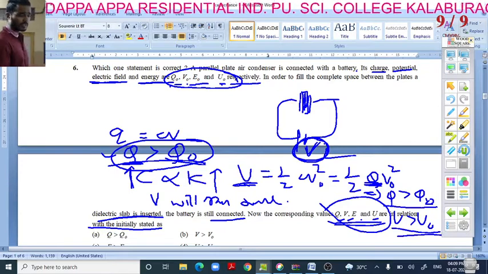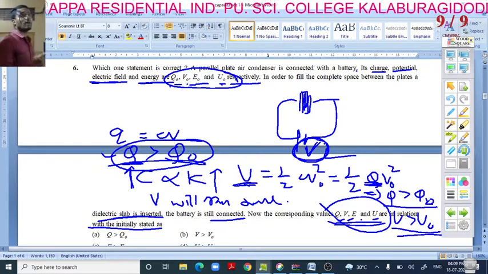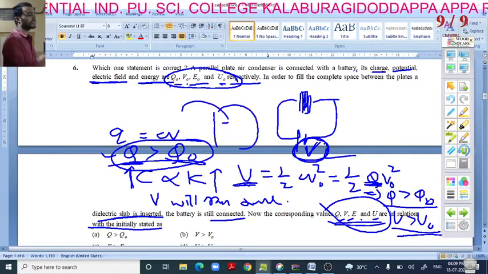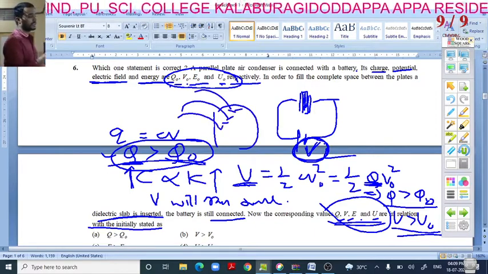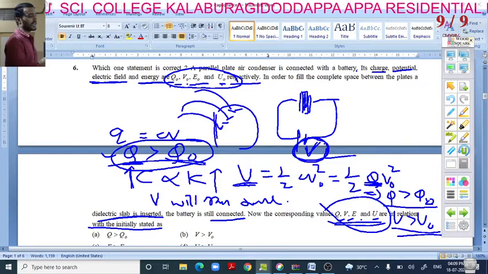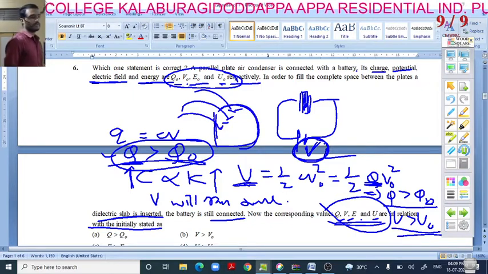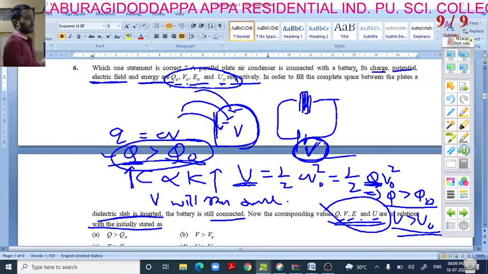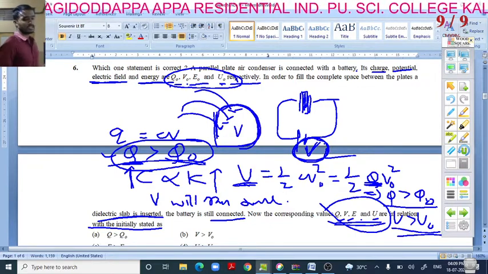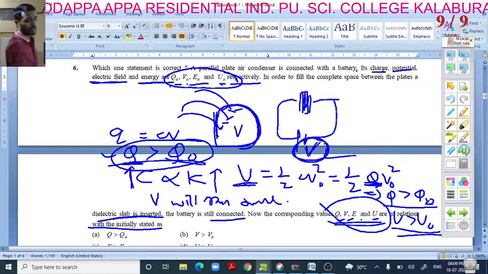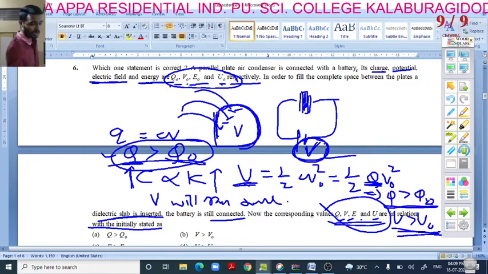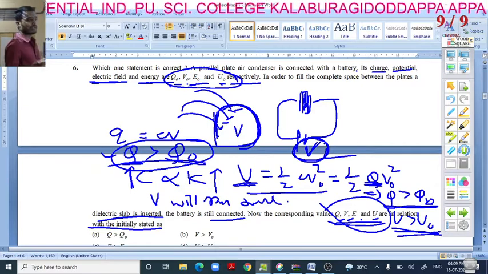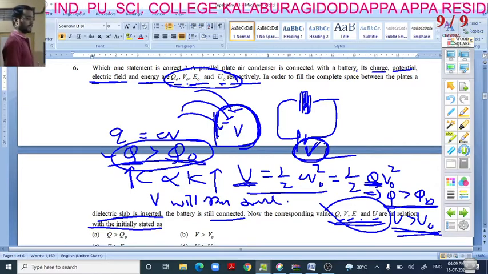Simple. By these relations, or by theoretical understanding, we can say that as we increase the charges in this conductor, the potential of this conductor goes on increasing. By general discussion and with the help of the equations, we can conclude this.